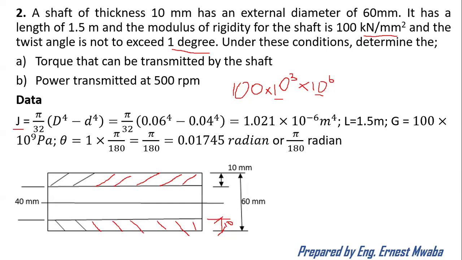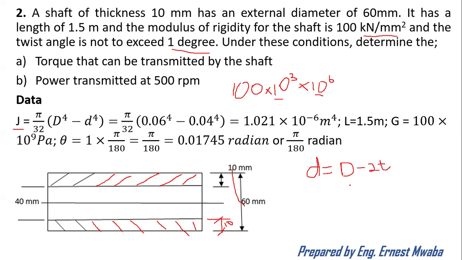So first, let me total up. 10 plus 10 is 20. So 60 minus 20 will give me this. This is the 40. Basically, there's this formula, which we always use, where we say D, the outside diameter, minus twice that thickness of the shaft.